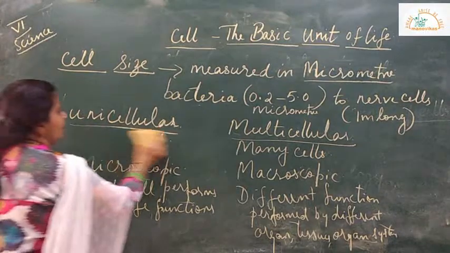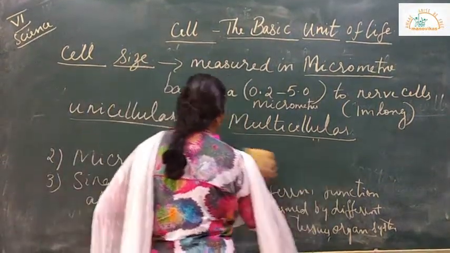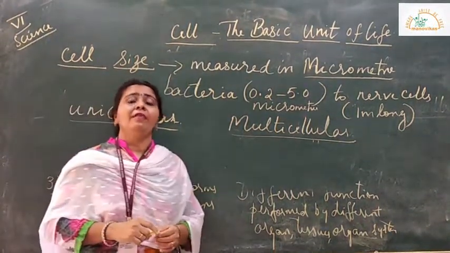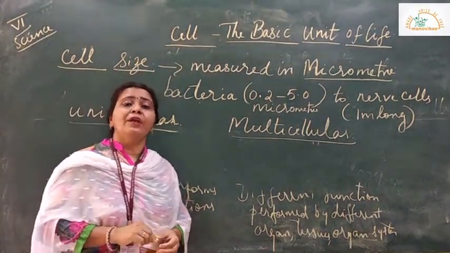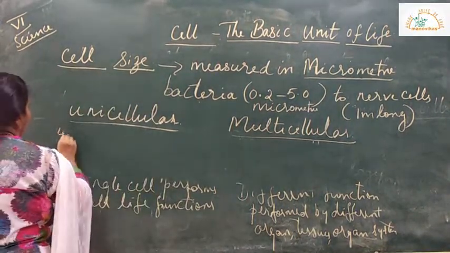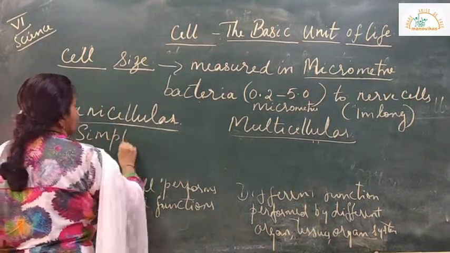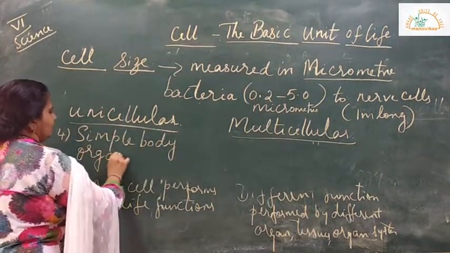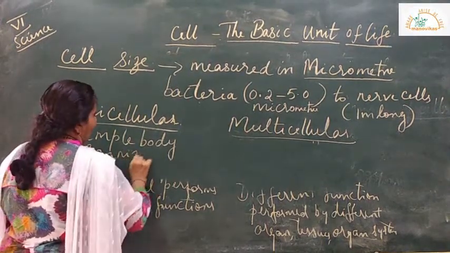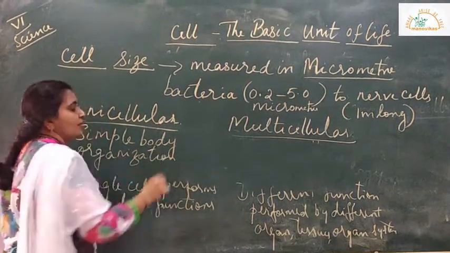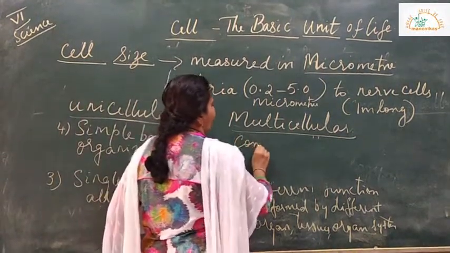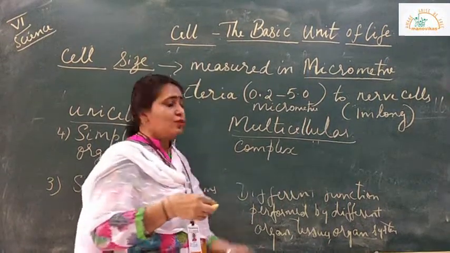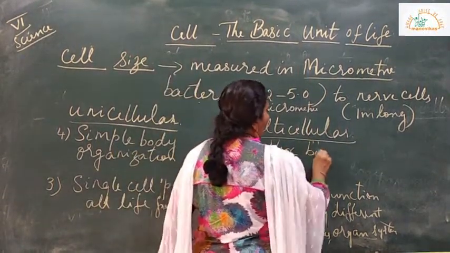And now the fourth difference: unicellular organisms have simple body organization, whereas multicellular organisms have a complex body, because their body is made up of many types of organs. So it is complex body organization.